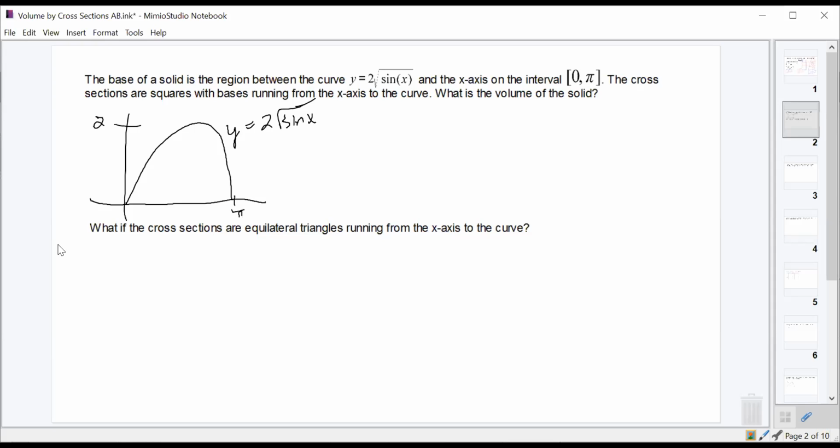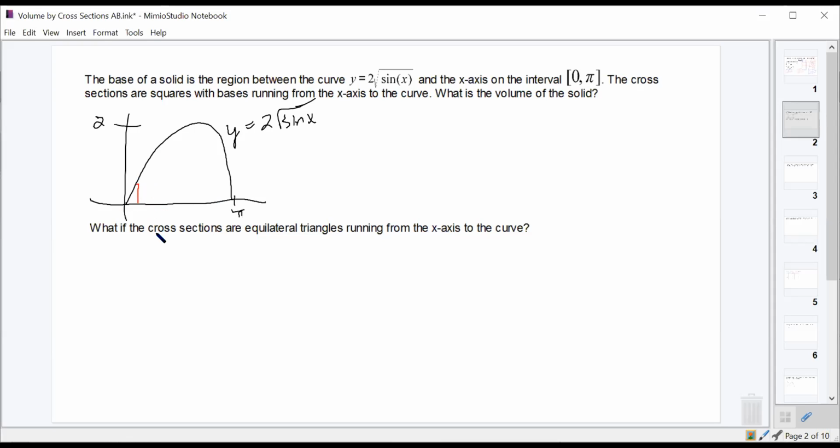Yes. And so the way that this particular object, which is again a very difficult one to conceptualize, protrudes out of the screen towards you is that the cross sections are squares and the bases run from the x-axis to the curve. So coming straight out, that's not straight out of the screen at you. Maybe if I draw it this way, right?